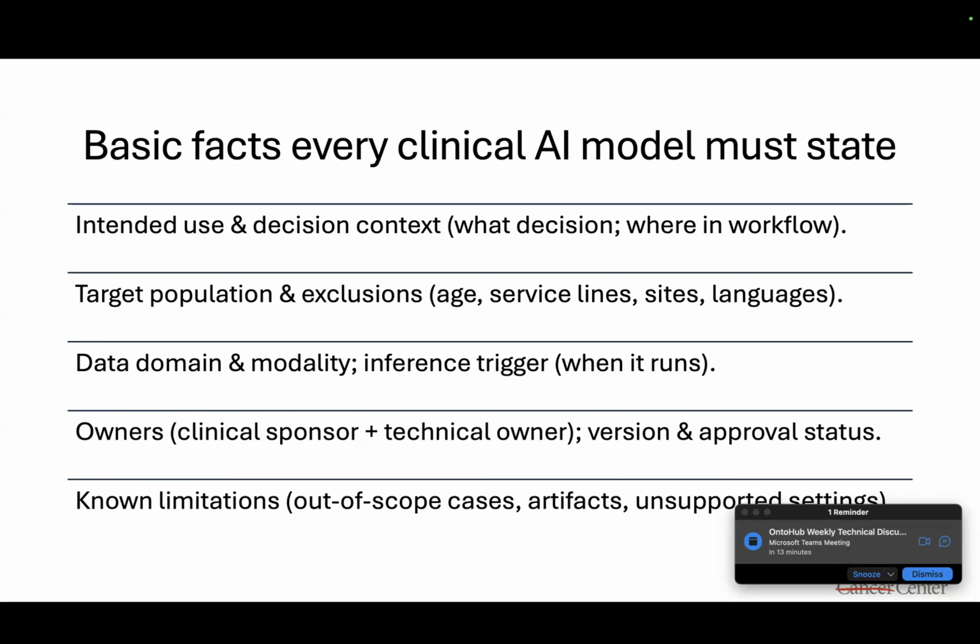What they really needed are the basic facts that a clinical AI model should state in order to be clear about what it is doing and how it can be used: the intended use and the specific context, which in this case is clinical, the target population, exclusion and inclusion criteria, data domain, modality, owners and sponsor, and the limitations of the model.